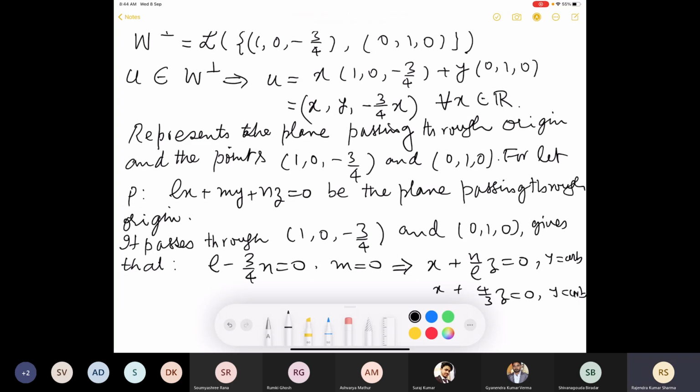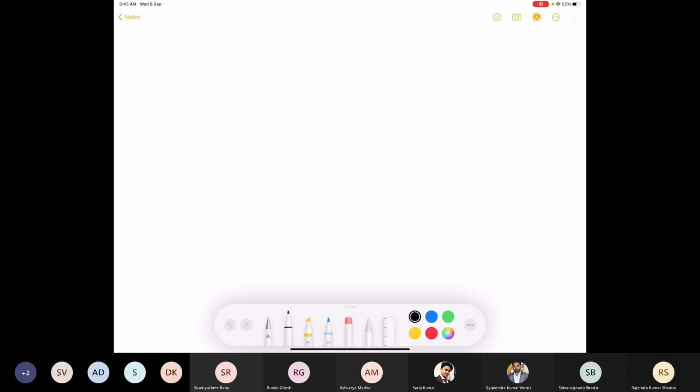So this is the equation of the plane, x plus 4 by 3 z equal to 0 and y is arbitrary. So x plus 4 by 3 z equal to 0 is the plane. So W orthogonal is the plane given by the equation x plus 4 by 3 z equal to 0. Naturally, y is arbitrary, or you can also write that z is equal to minus 3 by 4 x.